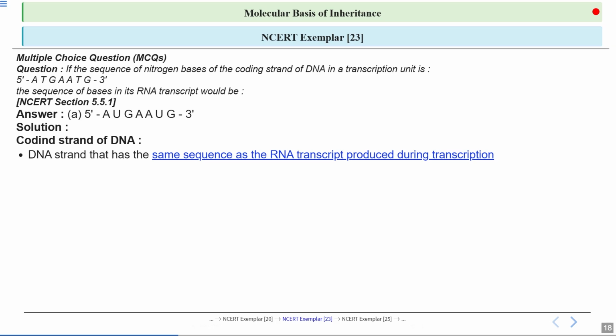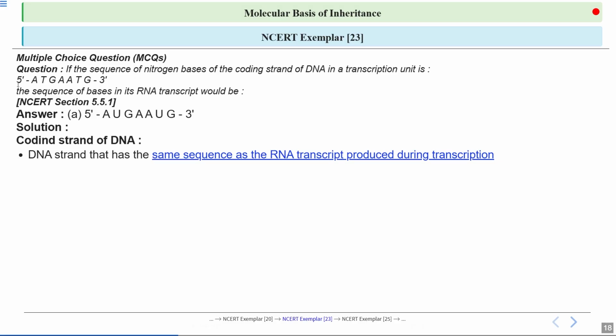They both have the same sequence. The only difference is that in RNA you have uracil instead of thymine. DNA has thymine, RNA has uracil. This is the only difference. Otherwise, the sequence is the same.